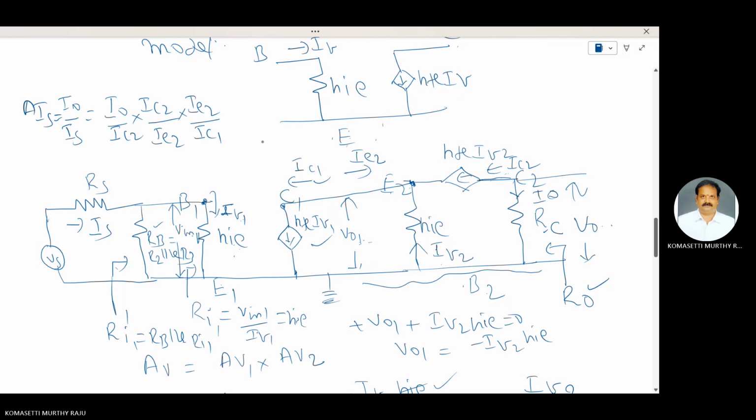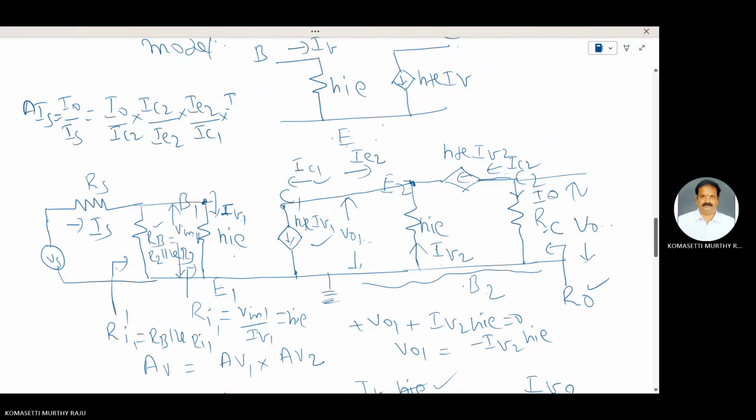Next current is IC1; numerator and denominator are multiplied with IC1. Next current is IB1, and then the next current is IS. This is the AIS.